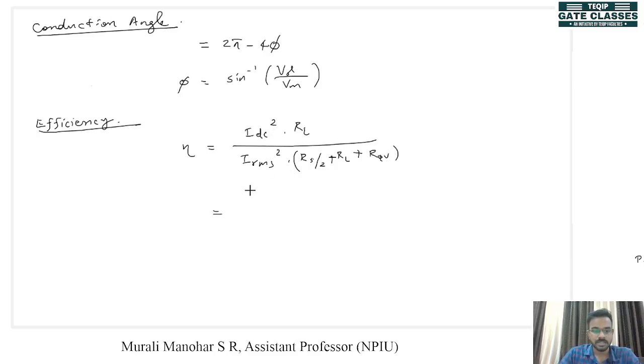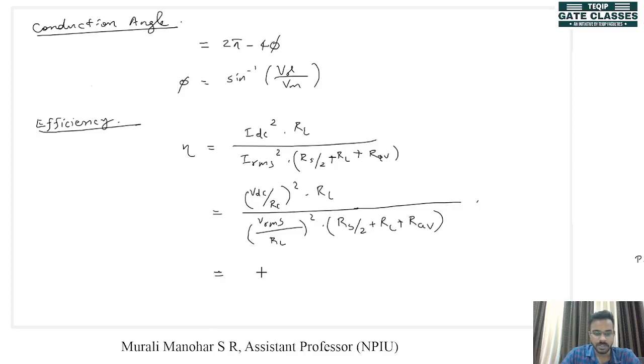Now IDC is VDC divided by RL square into RL, and IRMS is VRMS divided by RL whole square, and that into RS by 2 plus RL plus RAV.